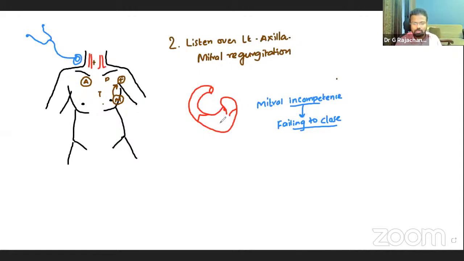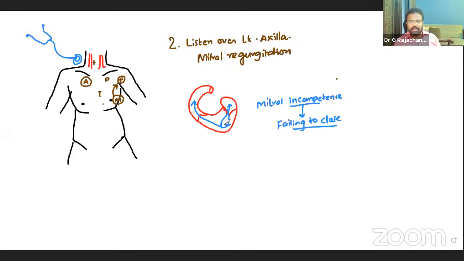Remember, when the left ventricle contracts, the blood should go out through the aorta. It should never enter back into the left atrium. That is what is happening in mitral incompetence. The blood which has come into the left ventricle is now re-entering back into the left atrium. This is called regurgitation.